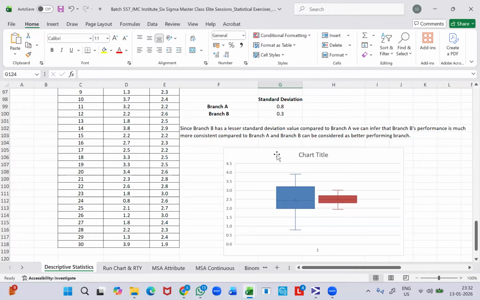So the length of the box whisker plot will indicate the variation exhibited by that category.